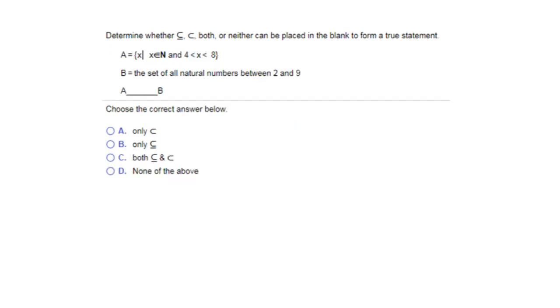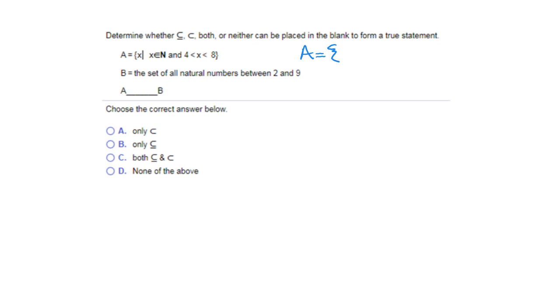Determine whether subset, proper subset, both or neither can be placed in the blank to form a true statement. Set A is the set of all x such that x is a natural number and 4 is less than x, which is less than 8. So let's place this one into roster notation. It has to be a natural number, and x is in between 4 and 8.